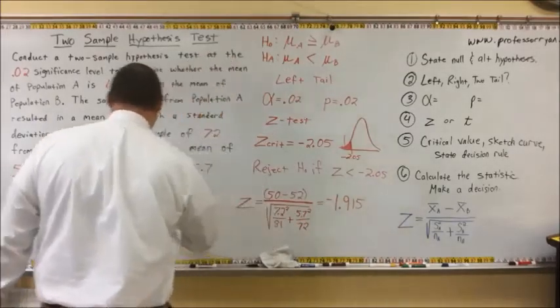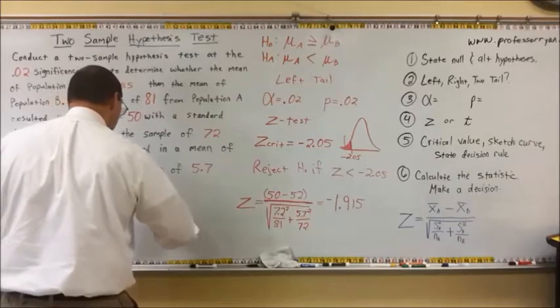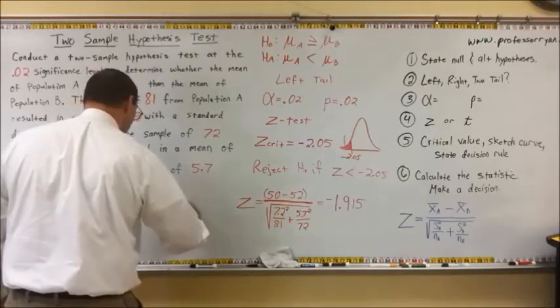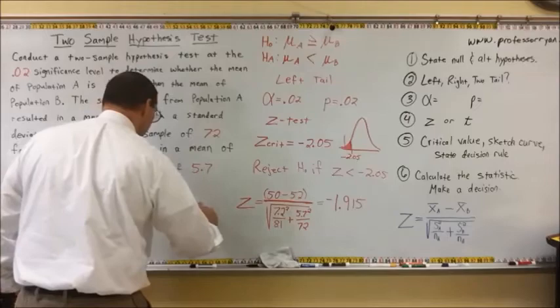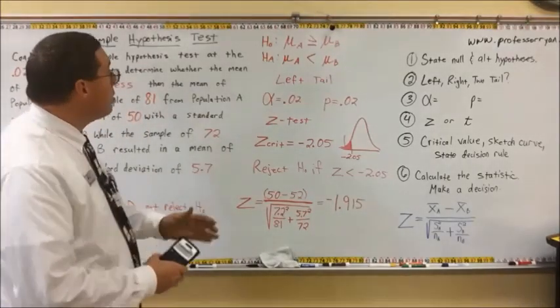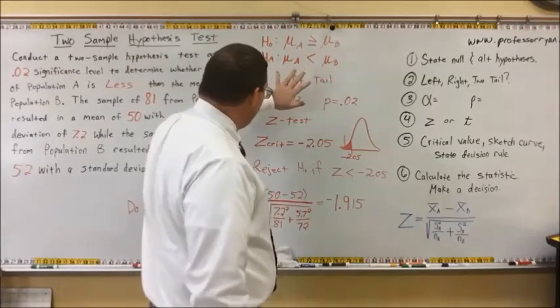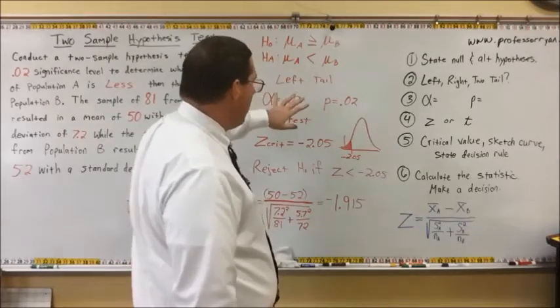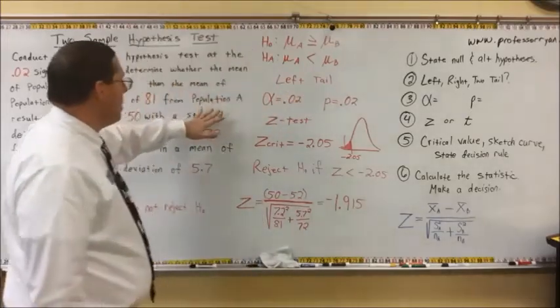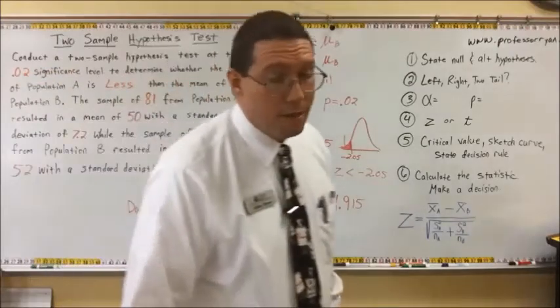Therefore, our decision is do not reject H sub O. So now, you might think that that means that the mean of population A is not less than the mean of population B. Well, actually, no, that's not what it means.